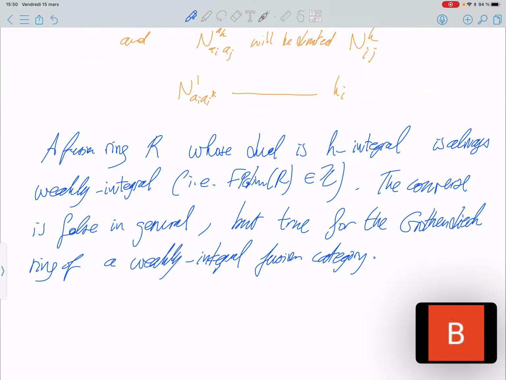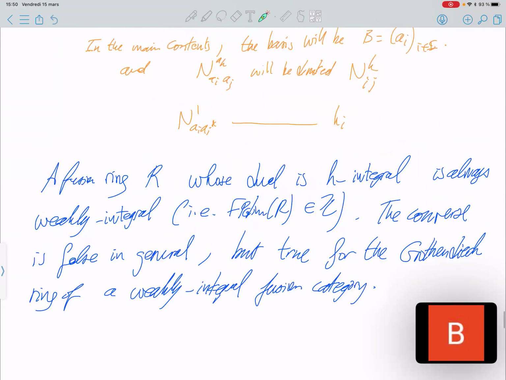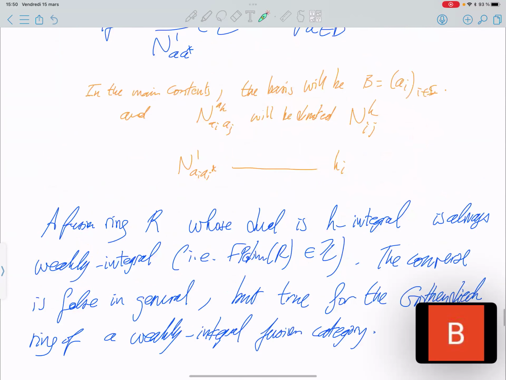And in fact, it's very easy to compute. You have a fusion ring, you can very easily check that. So it is a categorification criterion.